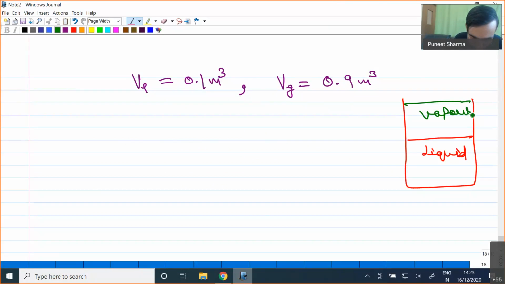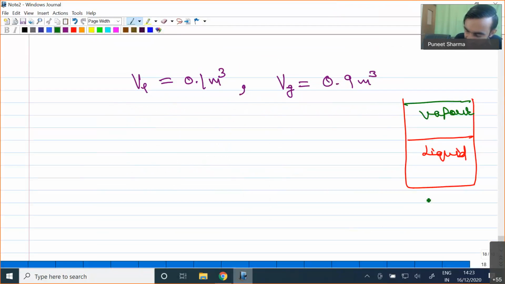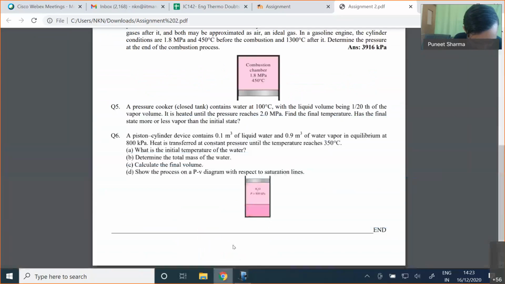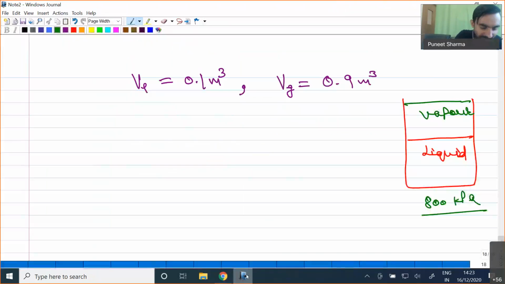Now what I have to do: it is given that the pressure is 800 kilopascals. So we have the pressure of this container as 800 kilopascals. Heat is transferred at constant pressure until the temperature reaches 350 degrees Celsius. So we are adding a certain amount of heat until our temperature reaches a value of 350 degrees Celsius.